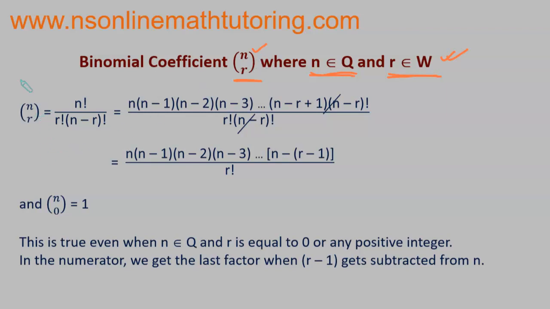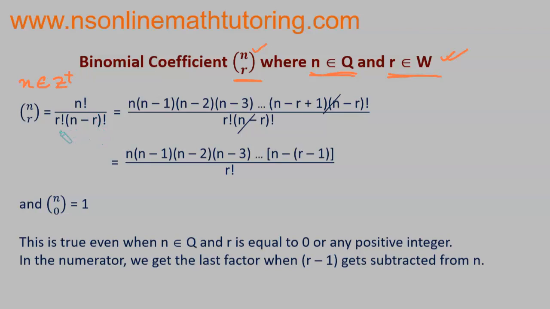We know nCr when n belongs to the set of positive integers or natural numbers. nCr is equal to n factorial over r factorial times n minus r whole factorial. And if r is equal to 0, then n factorial will be in the numerator and n minus 0, which is n factorial, will be in the denominator, which can cancel each other.